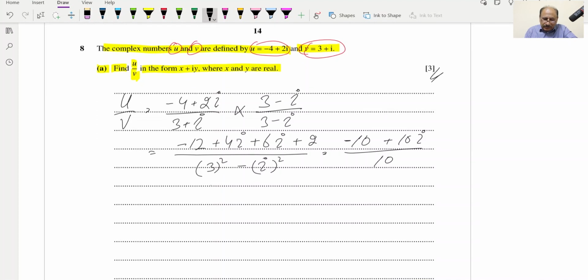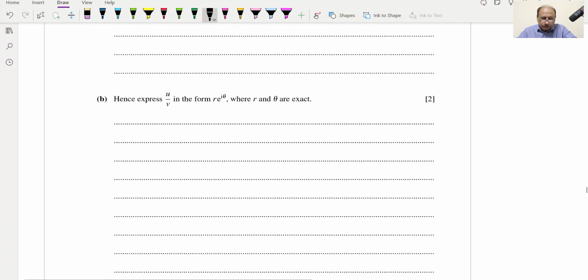Now we can take 10 common from the numerator, so it will be minus 1 plus iota over 10, and this will be cancelled, and our answer will be minus 1 plus iota, and this will be the final answer for this part, u over v.